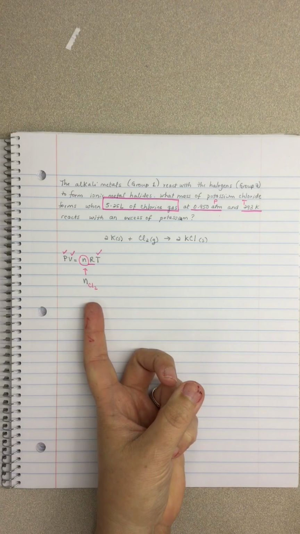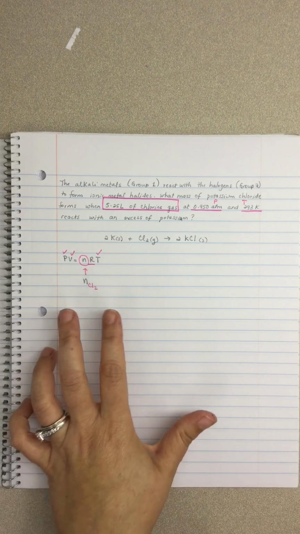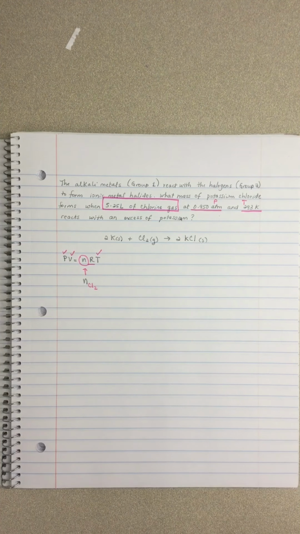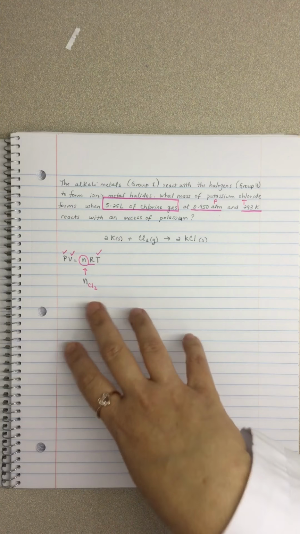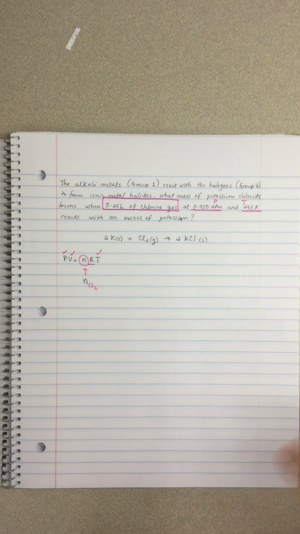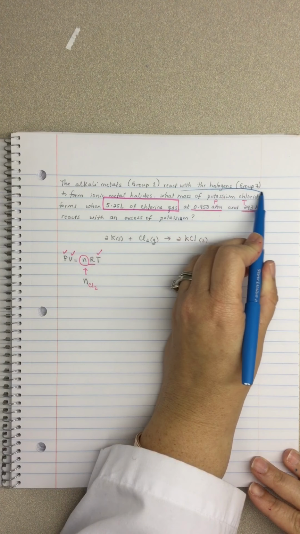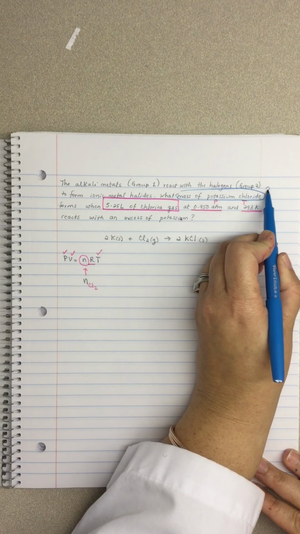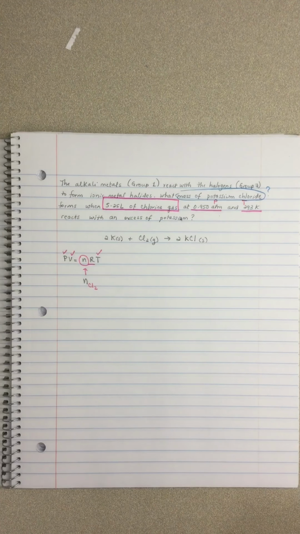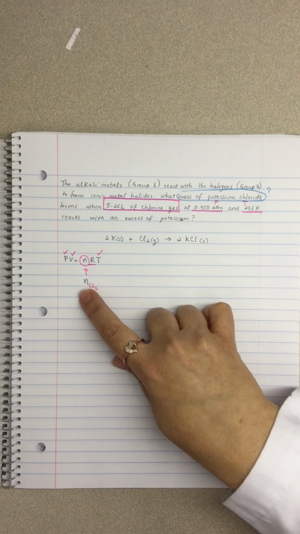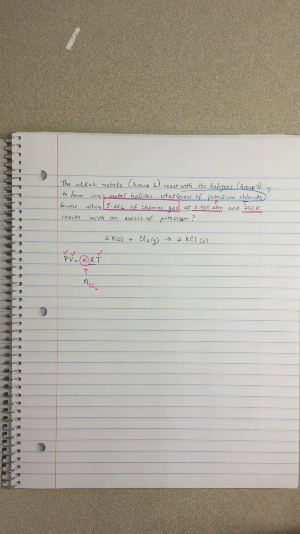But that's not what you're trying to calculate, right? That's not your final answer. That's what you can calculate with the given information. What you're trying to get is the mass of potassium chloride.